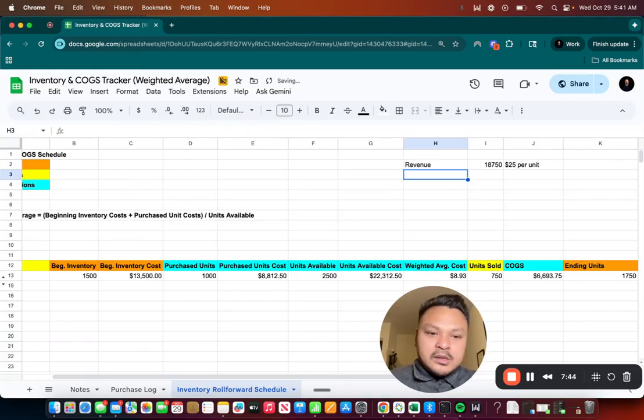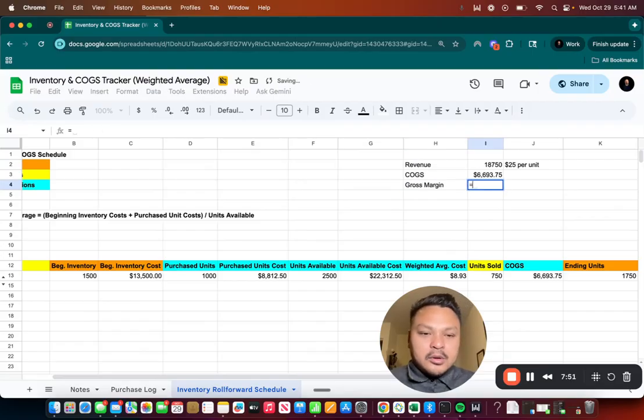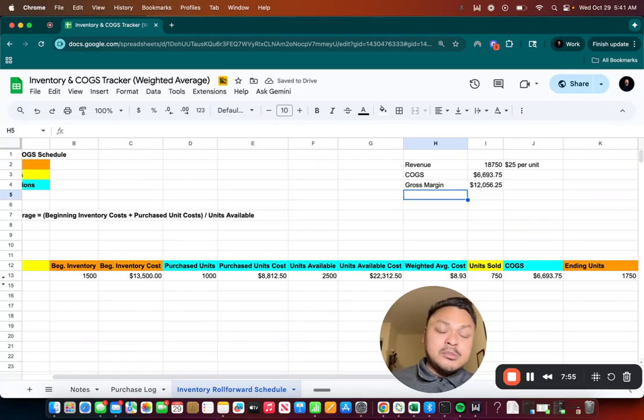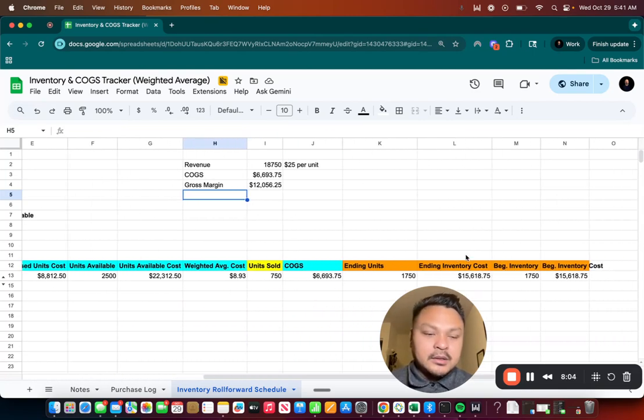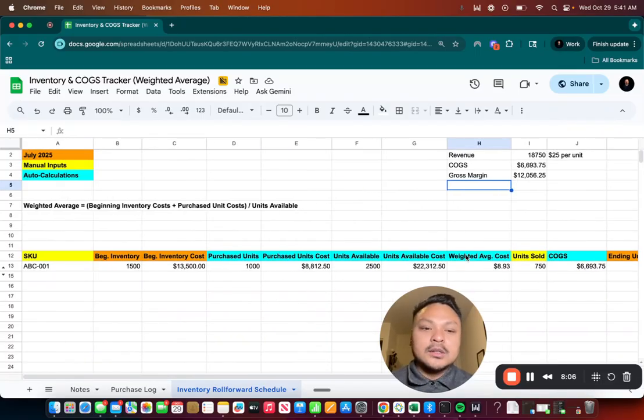So my revenue would be this, and then my COGS would be this number, right? So then this would be my gross margin. And then you would subtract platform fees, et cetera, et cetera. And then you would do this every month, right? You would do this every month, and then just start the whole cycle over again.